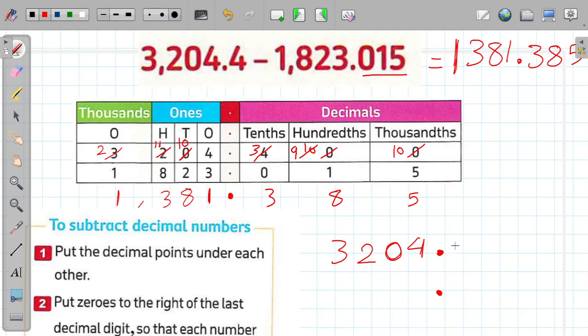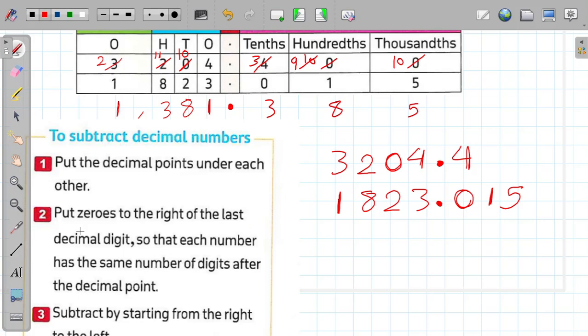And here I have just 4 tenths. Next I have 3 ones, and 2 tenths, and 8 hundredths, and 1 thousandths, and I have here 0 in the tenth place, and 1 hundredths, and 5 thousandths.